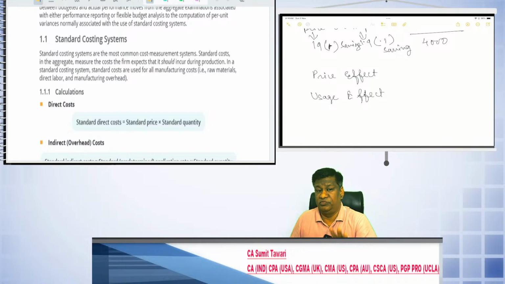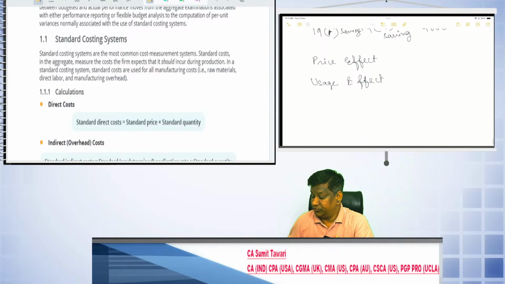So this is basically standard costing. It is not that we just calculate the consumption at standard price, know the actual consumption, and take an overall saving. We need to know whether it is because of price or because of quantity.